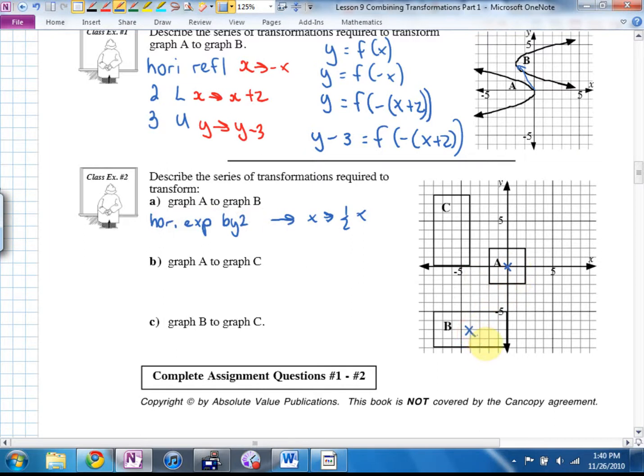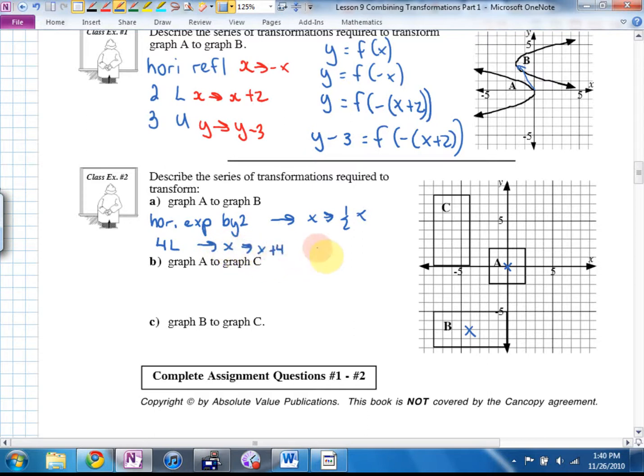What do you get? Count, boys and girls. I'll give you a hint. 4. I said we're going to do horizontal x's first. Yes. 4 left. That means they replaced x with x plus 4.